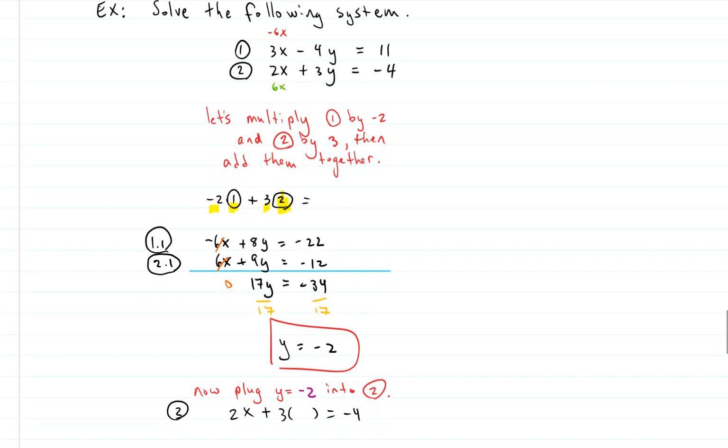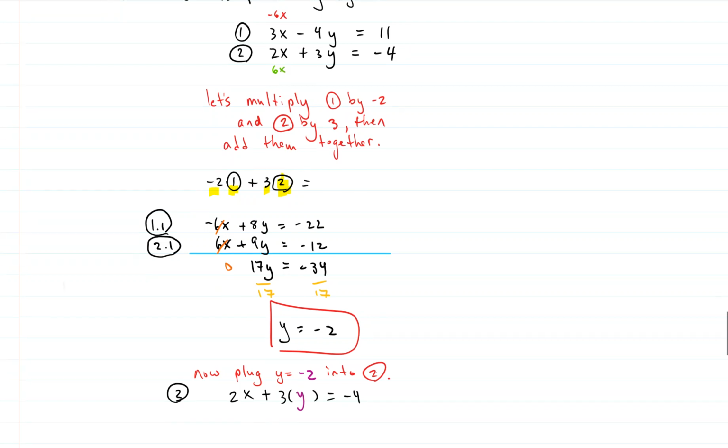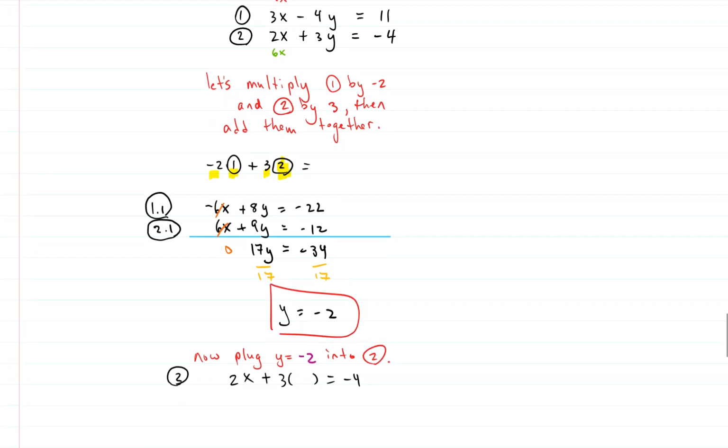So we can take that y equals -2, and we can plug it back into one of the two equations. I choose equation number 2, just because you could choose equation number 1 if you want. So here's equation 2, 2x plus 3 something that used to be a y equals -4, but we're going to plug in a -2 now. And then we're going to solve for x. So what do we have? We have 2x minus 6 equals -4.